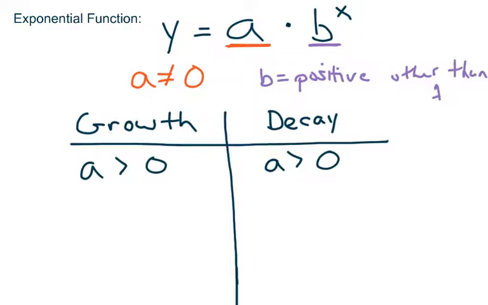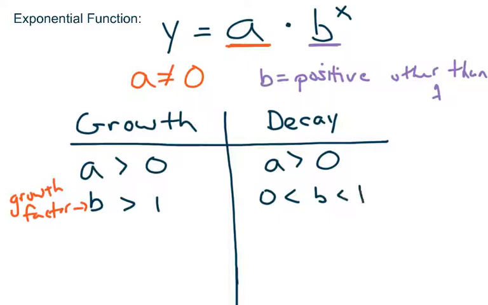The difference between growth and decay is that your b value in growth is going to be bigger than 1. And this is called your growth factor, that's b. In decay, the b value is not going to be bigger than 1. It's actually going to be between 0 and 1.